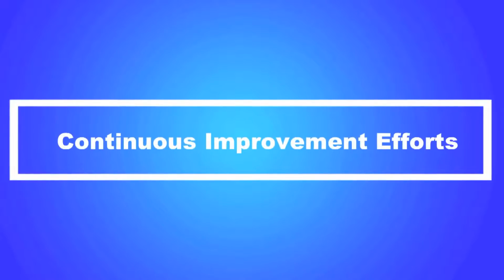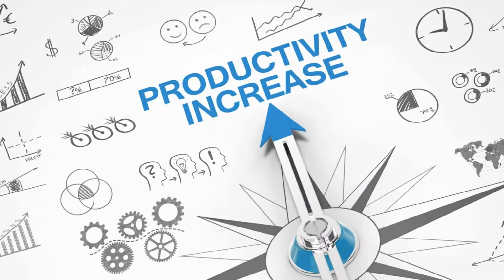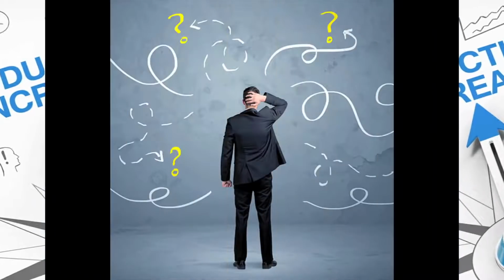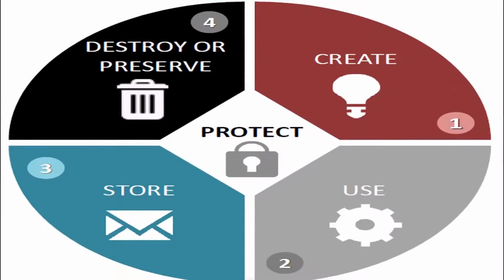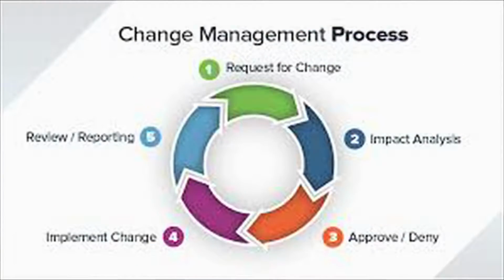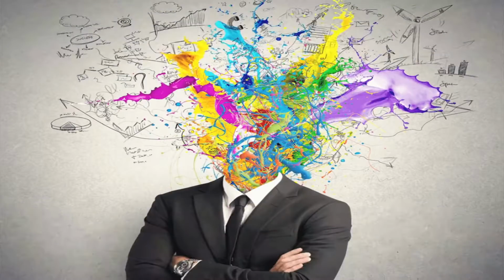Continuous improvement efforts. In order to improve the company's productivity and quality, many companies constantly conduct innovative programs. The efforts put in by the companies for continuous improvement are improved productivity, improved decision making, managing the information, change in managerial aspect, innovative customer service and creativity.